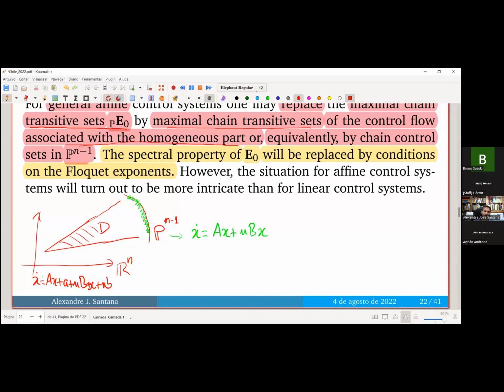We hoped that this green set should also be a control set, but no. We can prove that we cannot go from some point to another point directly. We cannot prove this, but we can prove that we can go from some point here to some point here using that kind of jump. This is the idea of chain control set.